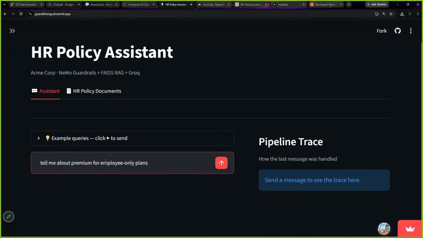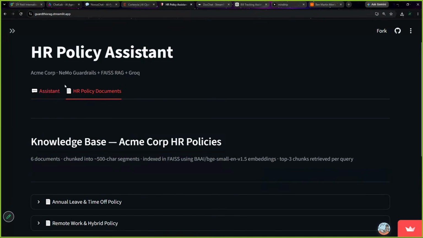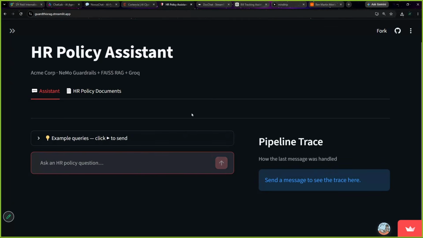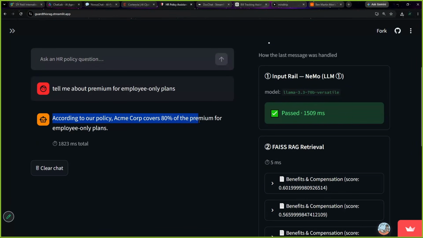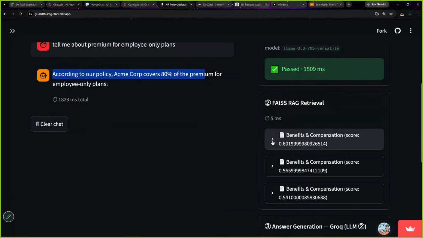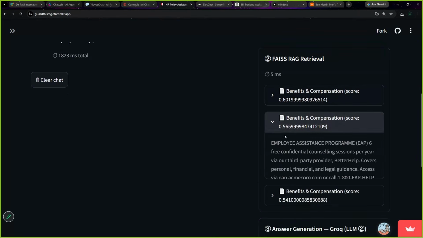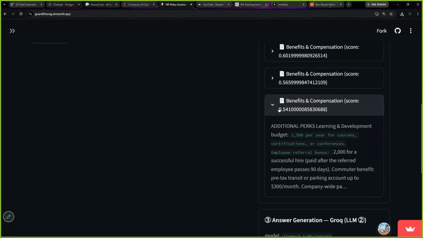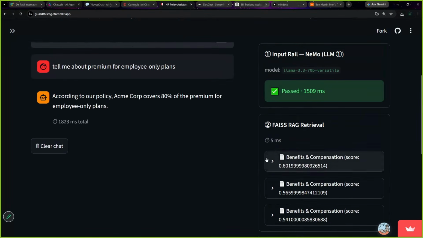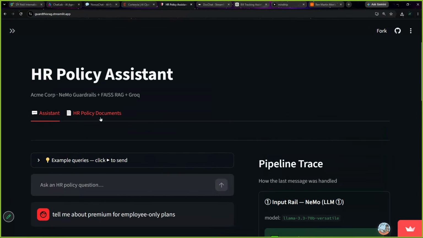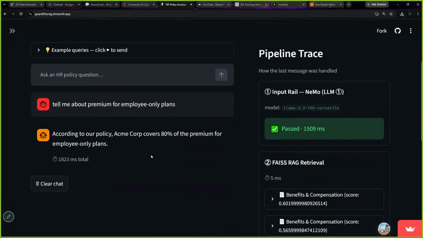Now it will give me the information based on the documents. Let us check that out. See, according to 80%, which is what we saw, exactly 80%, it did not give us the other information. And here it has got some documents from where it fetched our response. The documents which are fetched, this is nothing but context. All right. What is context? The documents it required, the documents it used to give me the response is context.